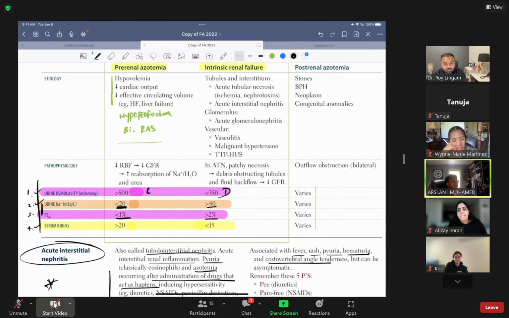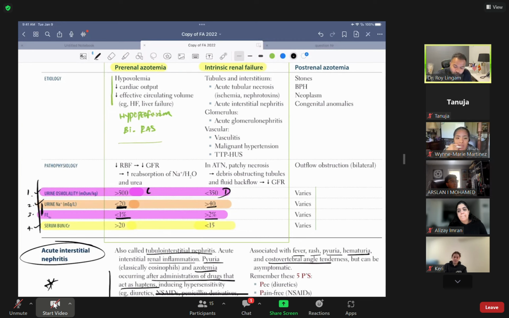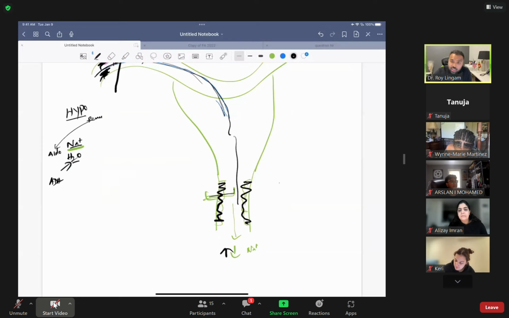Why again was the sodium urine high in the intrinsic? Because, remember, in intrinsic your tubules are not functioning, so no reabsorption or secretion. So when you have sodium coming in here, we cannot reabsorb it, so we are excreting it in the urine. Okay, so that's the idea.